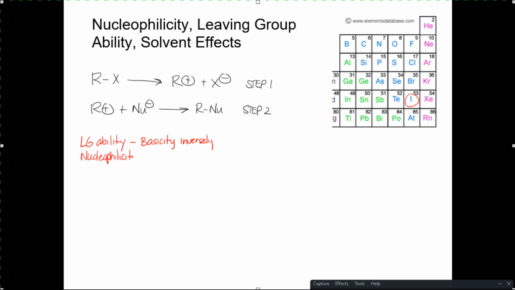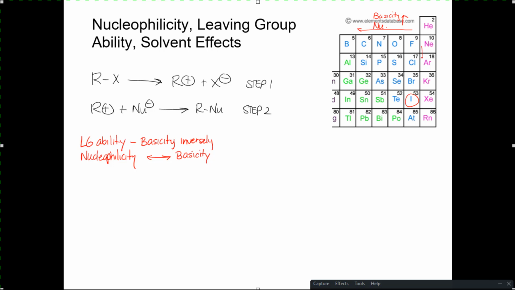When we look at nucleophilicity, just as a quick review, when we're looking at a horizontal relationship, what is it based on? It's based on basicity, and that is a direct relationship. So as we go from right to left, the nucleophilicity as well as the basicity increases.